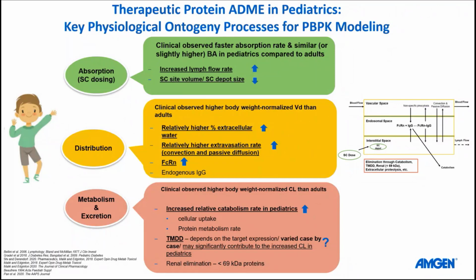As far as I know, we don't have human pediatric data for this part. But from animals, for example the lamb and the puppies, we have observed around 2 to 3 times the body weight normalized lymph flow rate compared to adults.